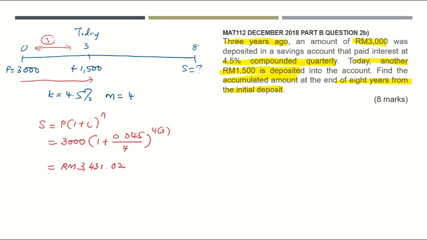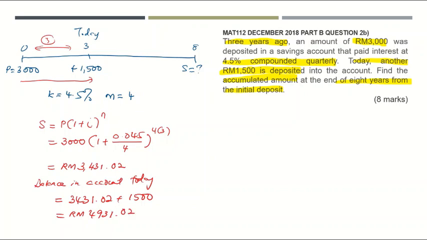So the balance in the account today will be equal to 3431.02 plus another 1500, which gives 4931.02.